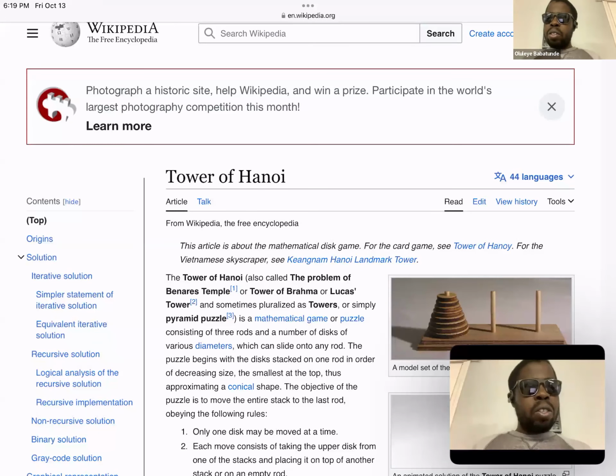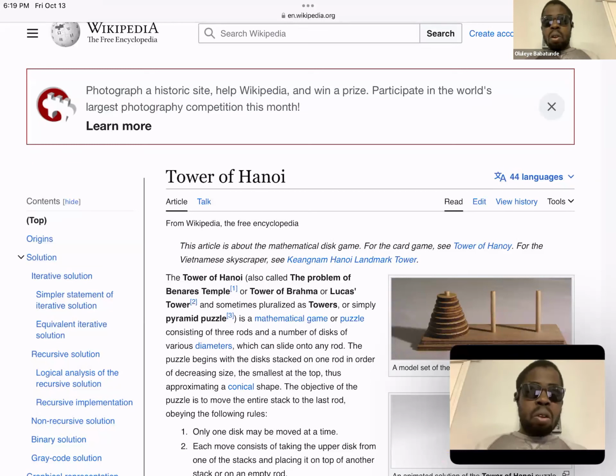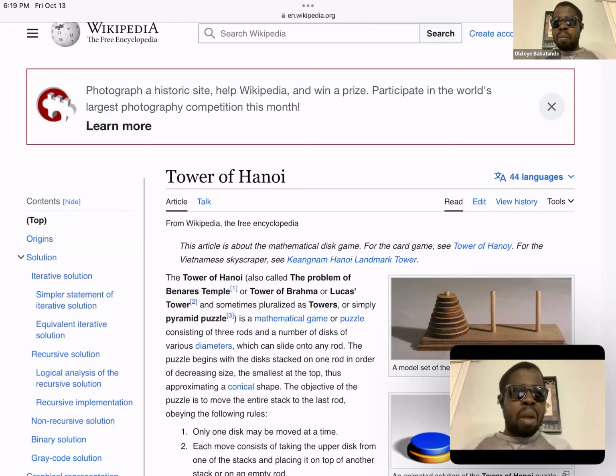For the 3 rods, you have the origin rod, the middle rod, which is the auxiliary rod or pole, and you can call it rod or pole. And then the last rod is the destination rod or destination pole. So it's a mathematical game or puzzle consisting of 3 rods and a number of discs of various diameters, which can slide onto any rod.